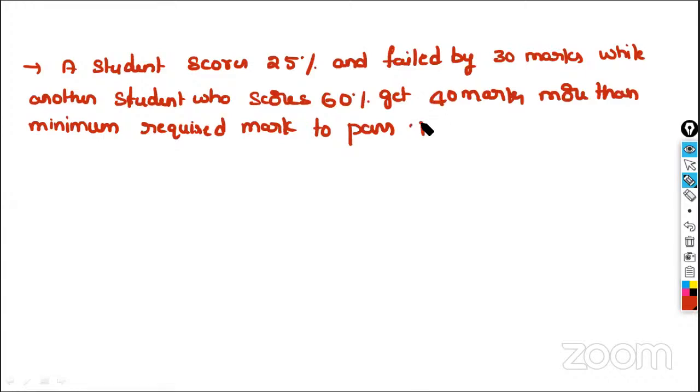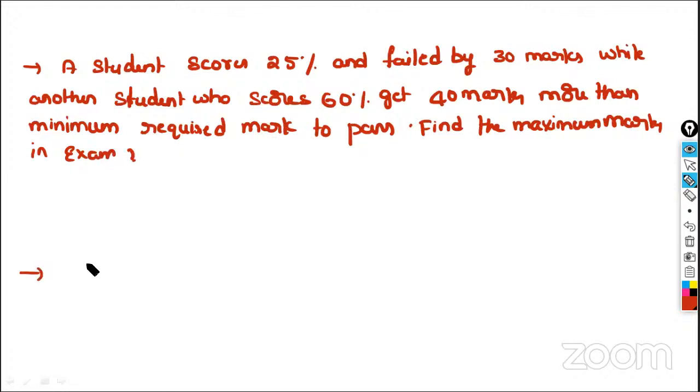Find the maximum marks in the exam. Before this question, you have to do one question I am giving.